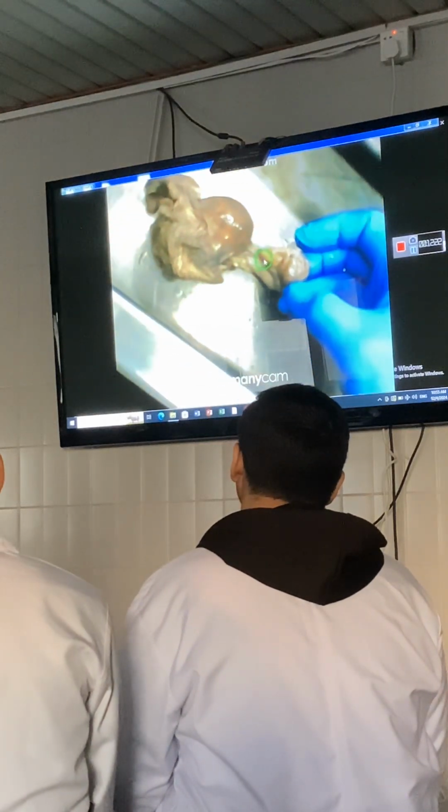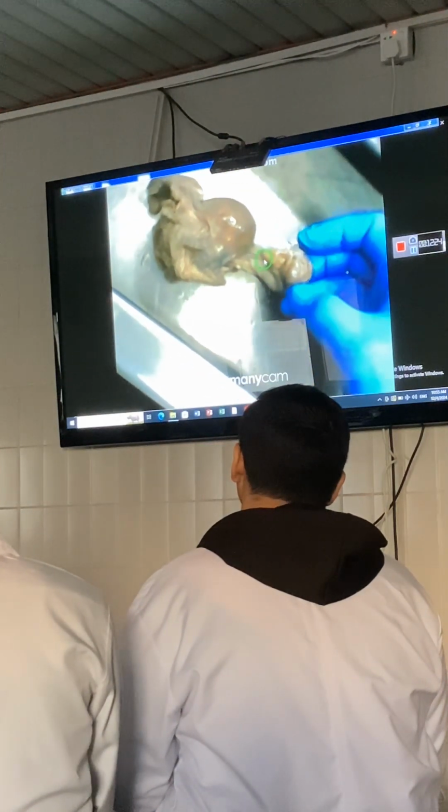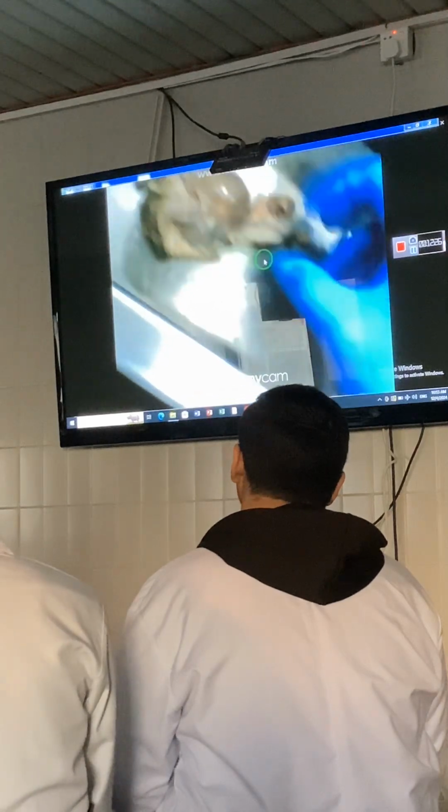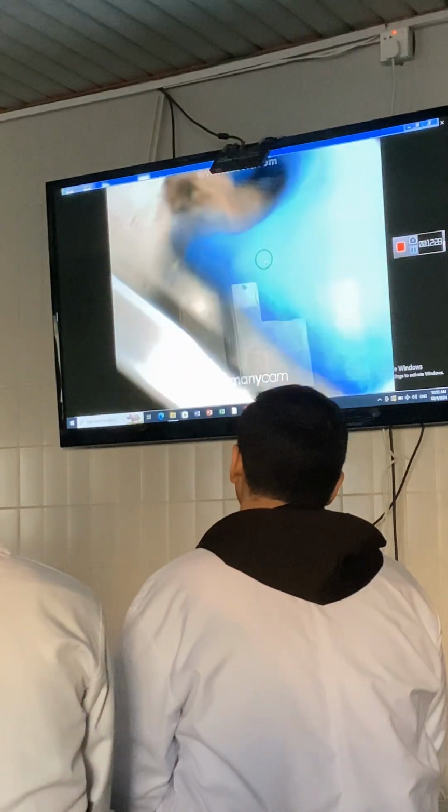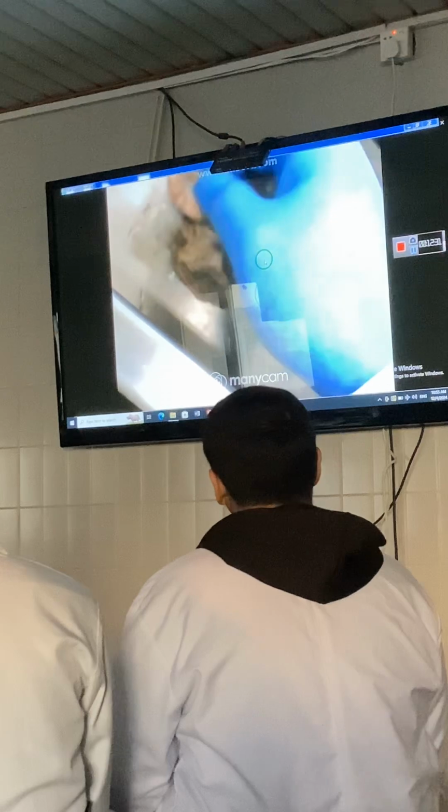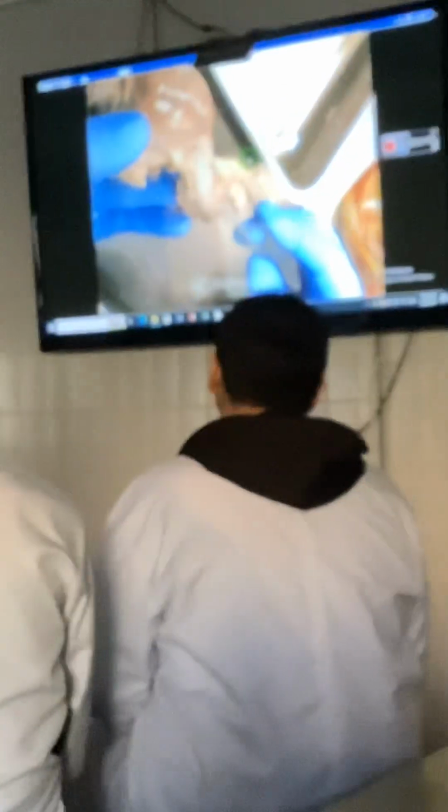And below it, this is the broad ligament, right? The ovary on that side. This is the ovary, and this is the broad ligament.